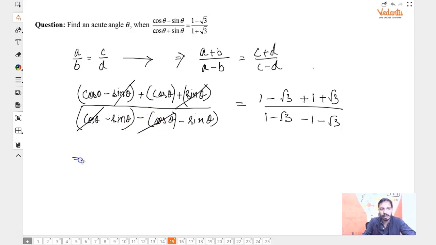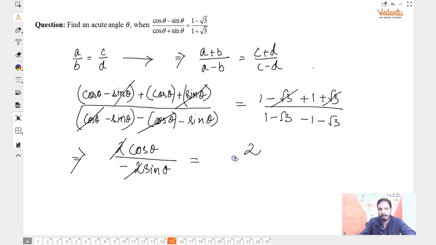So what will be left is 2 times cos theta and minus 2 times sin theta, right? And this 2 and 2 also get cancelled. Here let me see what remains. Here I have this and this cancelled, so I have 2, and this cancels, I have minus 2 root 3.